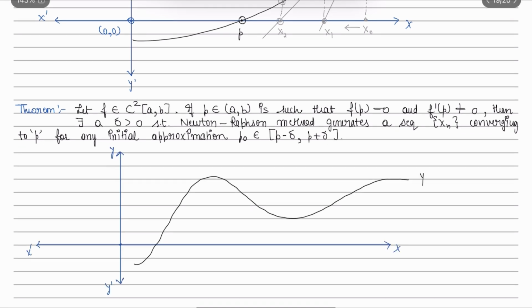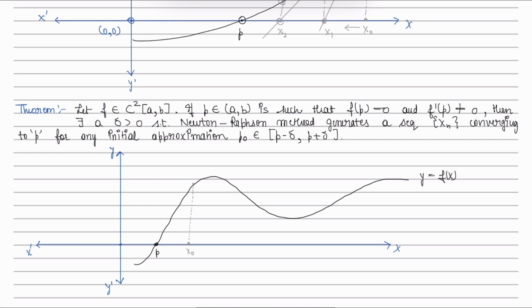Let this be the graph of y is equals to f of x. Here p is my root of the given equation. When we take the initial approximation as x naught, which is close to the point p, or we can say which is close to the given root, then the method will converge very fast.